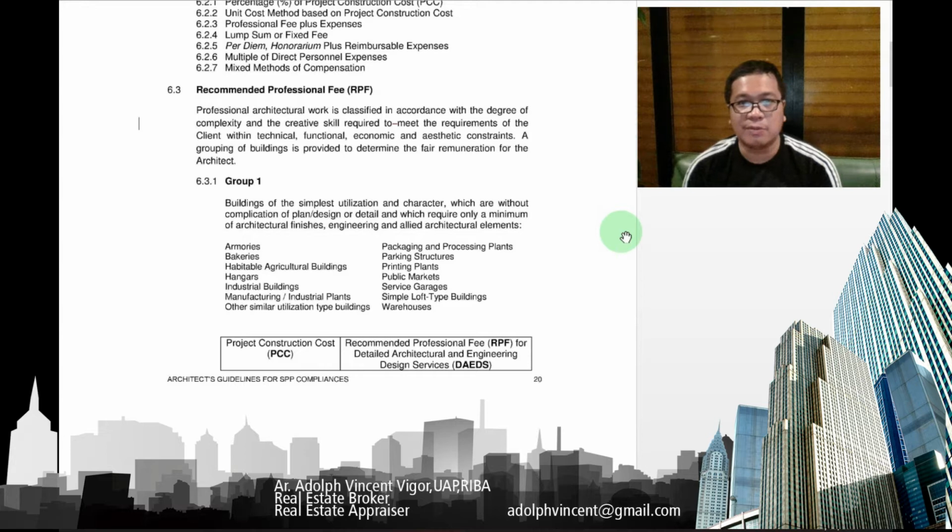So let's look at Group 1. These are the buildings which have only simple character or planning involved. Let me read this. Buildings of the simplest utilization and character, which are without complication of plan, design, or detail, and which require only a minimum of architectural finishes, engineering, and allied architectural elements.